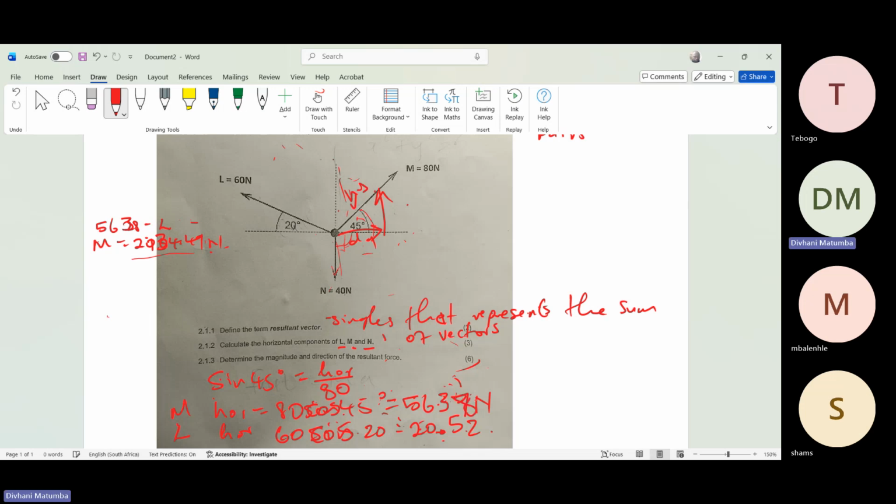Okay. And then 60 cos of 20. 80 cos of 45. No, actually, it is 57. And 60 cos of 20 is how much?